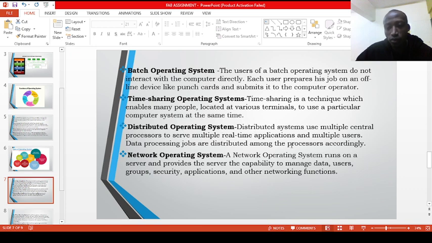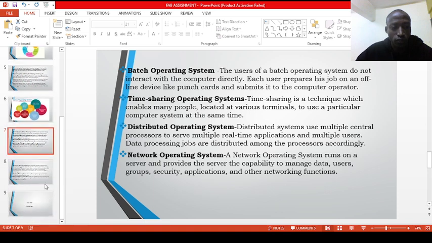Distributed systems are systems which use multiple central processors, and they serve multiple real-time applications. Network operating systems run on a server, and they provide the server the capability to manage data, users, groups, security, applications, and other networking functions.